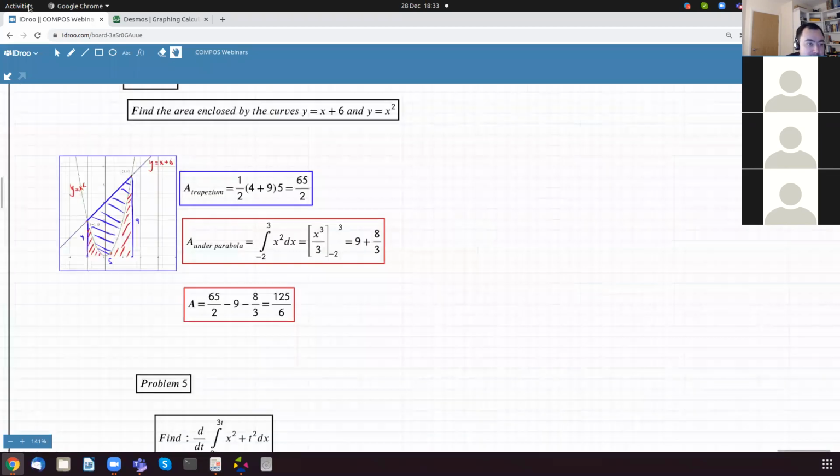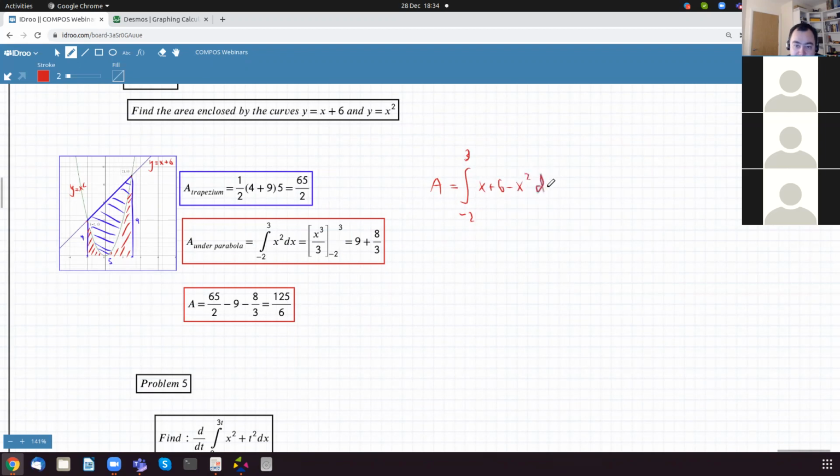You can find the area as the integral from -2 to 3 of the top function, which is x plus 6, minus x squared, dx.